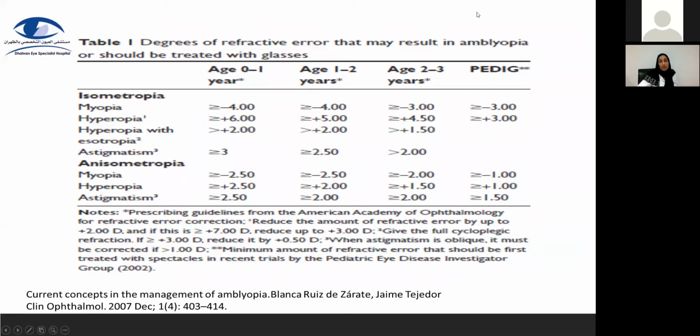Usually I go with the Pediatric Eye Disease Investigator Group, because it's easier and more conservative. Usually patients who are myopic, -3 or more, or +3 in case of hyperopia, I would give the glasses. And those patients with anisometropia of approximately 1.5, I would prescribe glasses for them.